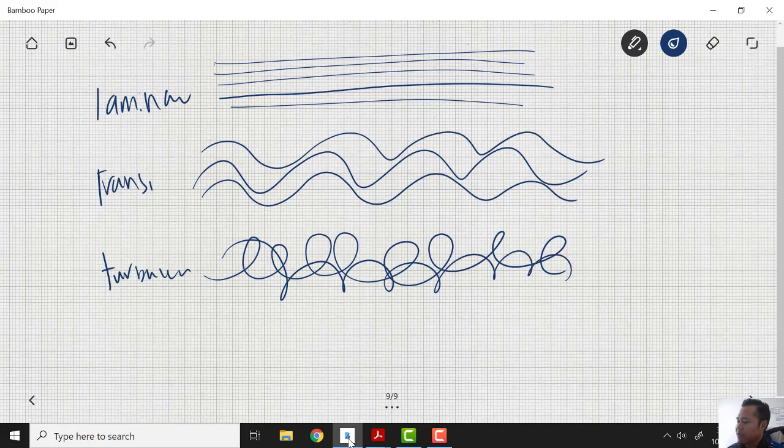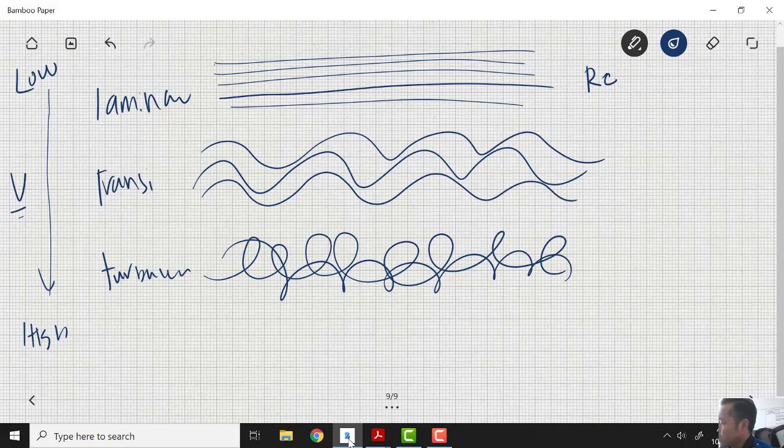How do we tell them apart? With low velocity the flow is laminar, and the higher the velocity, the more the flow moves toward turbulent. We also have the Reynolds number. We differentiate laminar, transition, and turbulent through velocity and Reynolds number.